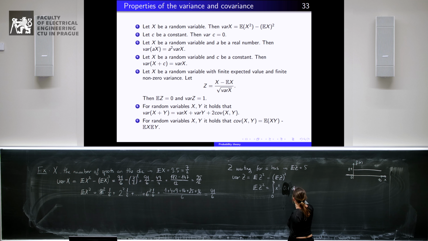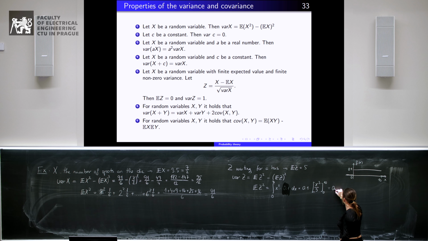So 0.1 dx, which is 0.1 times x to the power of 3 over 3 from 0 to 10.